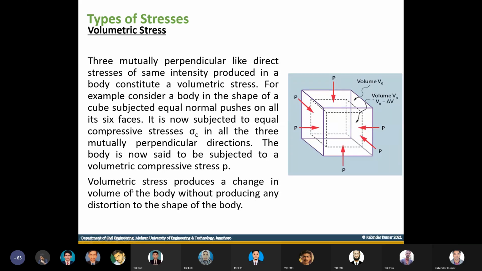Now you just need to remember volumetric stresses produce a change in volume of the body without producing distortion in any shape. The shape will remain same. Okay, only the volume will differ. Either it will increase the volume of this block or decrease the volume of this block, but it does not change the shape of this block.